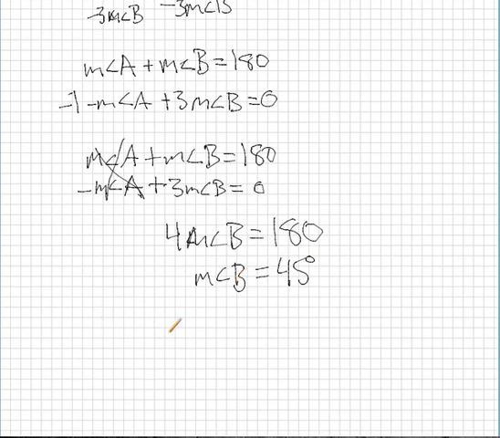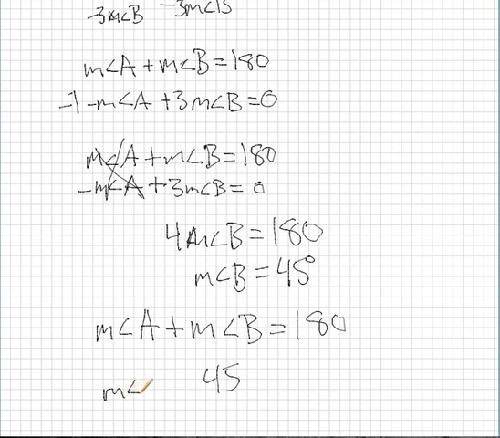And then for the measure of angle A, we're going to plug this back into our original equation, where angle A plus angle B equals 180. So that's going to be measure of angle A plus 45 equals 180.